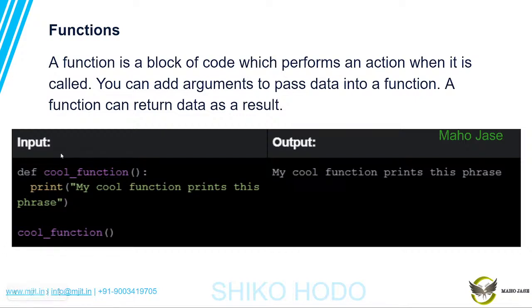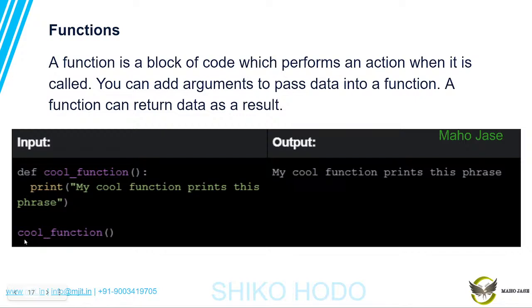See here, this is the function: def my_cool_function. I'm declaring it with def, and I'm printing "my cool function prints this phrase." But it won't print because I'm not calling the function.